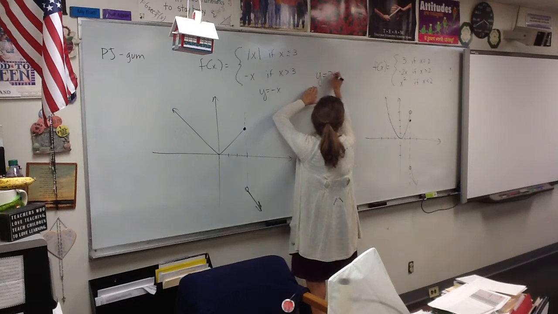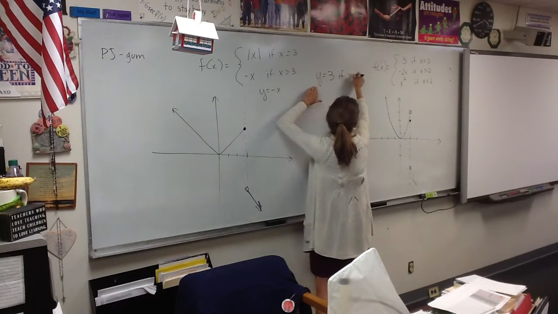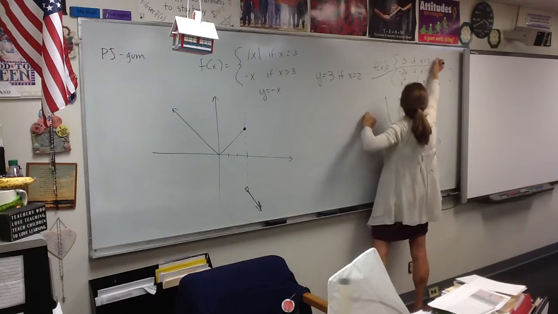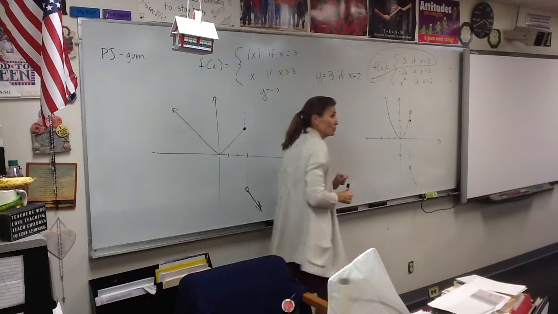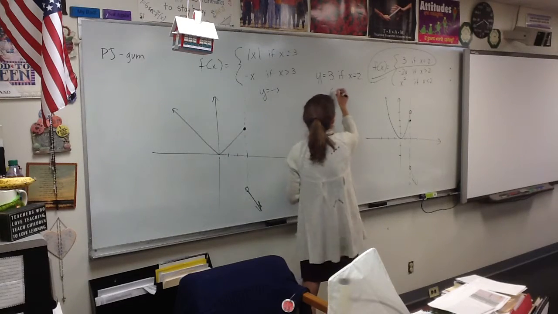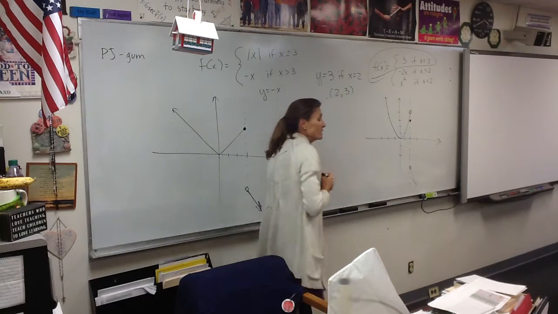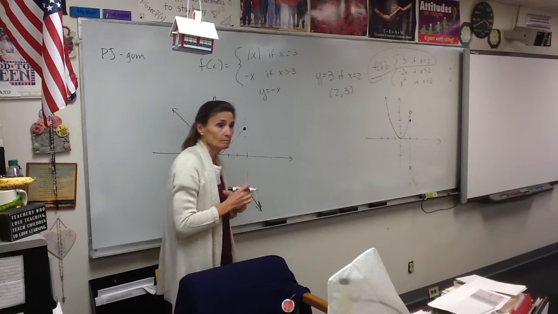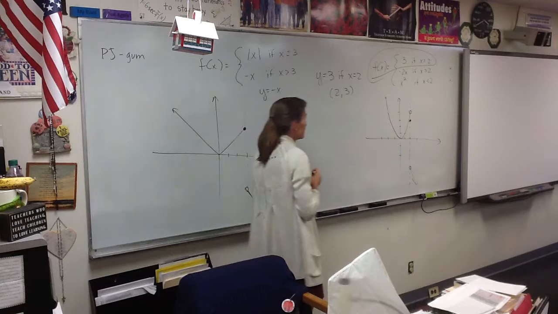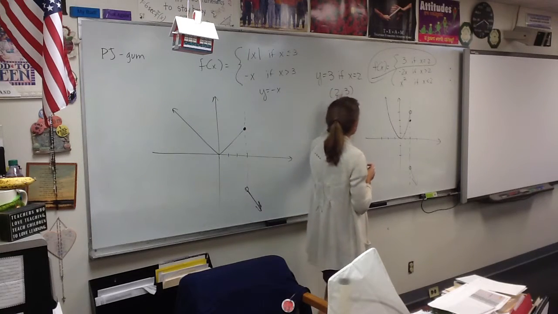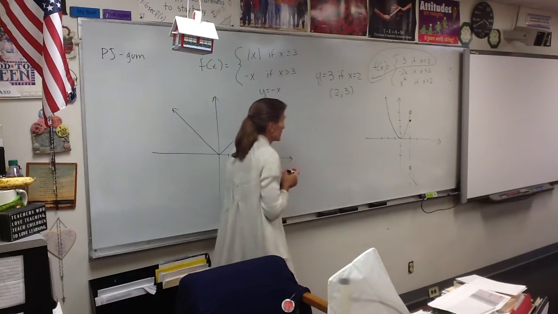So it says y equals 3 if x equals 2. That just is an ordered pair. That's just a point, (2, 3). If you graph the whole thing, it would be a line, but we only want it where x is 2. So it's just that one particular little point.